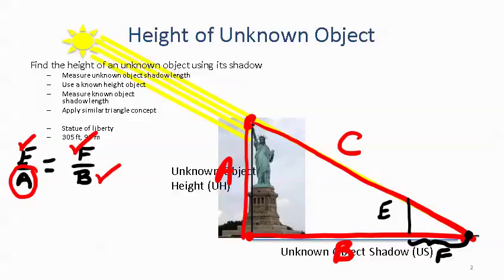So let us solve for the parameter, or the unknown variable, A. We are going to multiply both sides of this equation with A. So when we do so, we get the following.